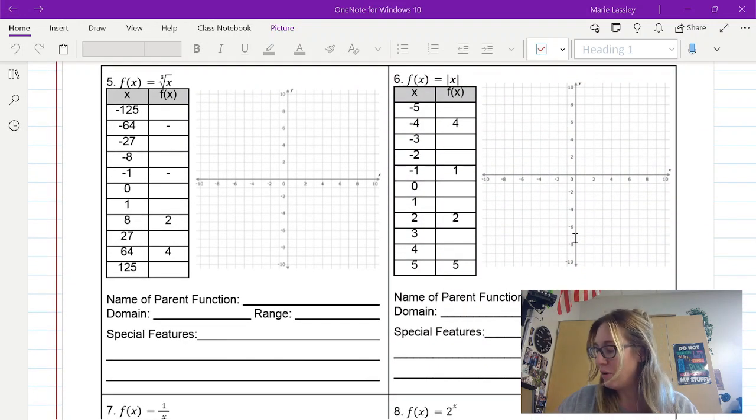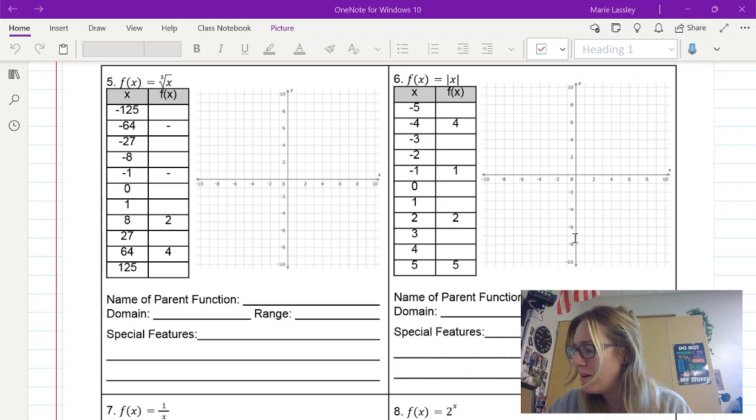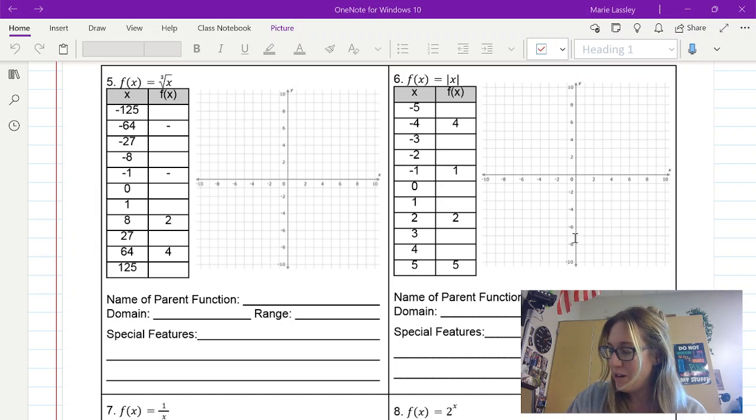All right, so number 5. Again, if you haven't filled yours out, definitely go ahead and fill these out. There are some unnecessary dashes in this one, so I'm going to delete those. Everything in a cube root, which is what this function is called, is possible. There's no undefined or error values that you're going to get.